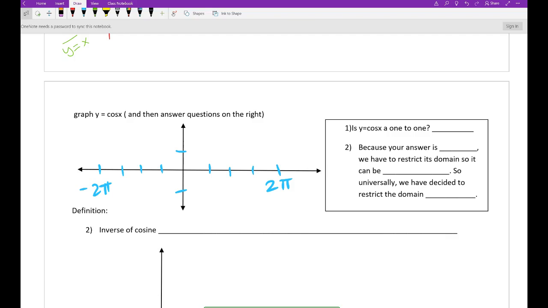Decide where is a good spot to cut off, by the way. Talk it out. Convince your team that you're right. What if it was negative pi?